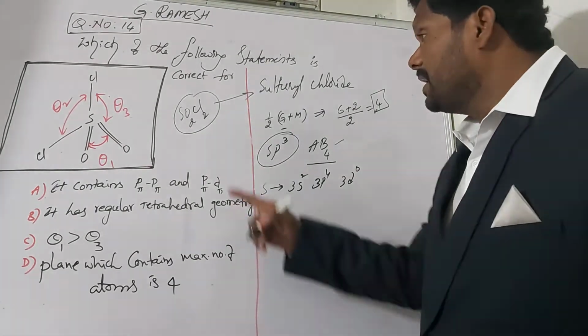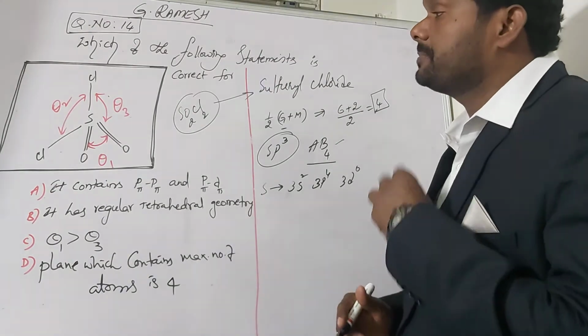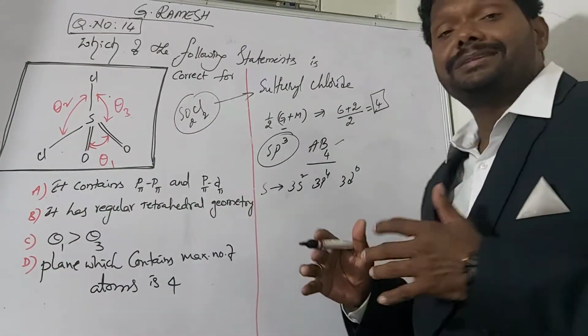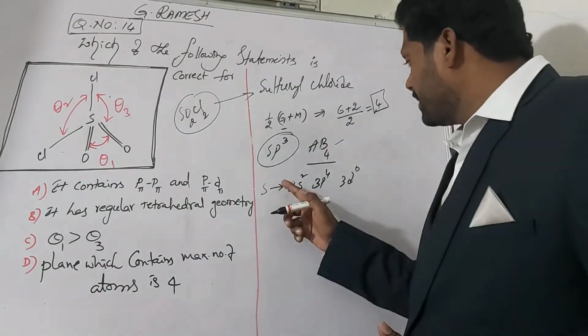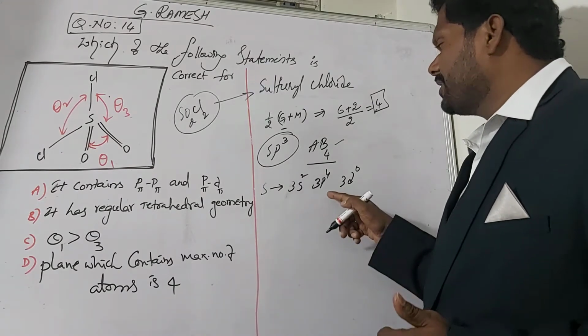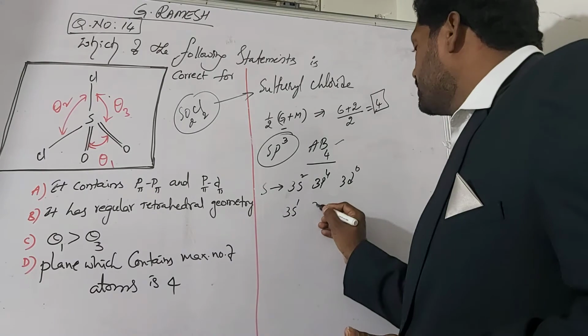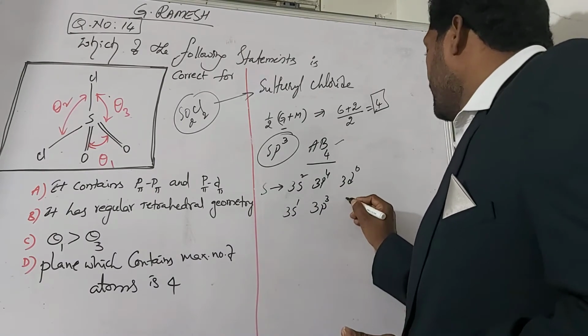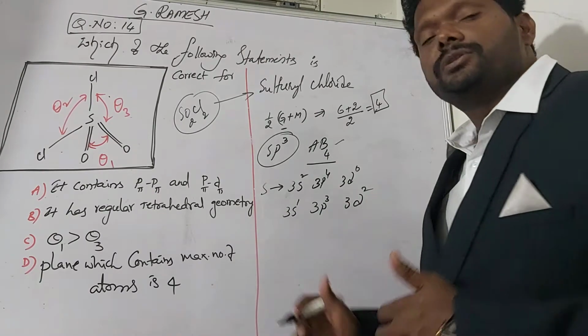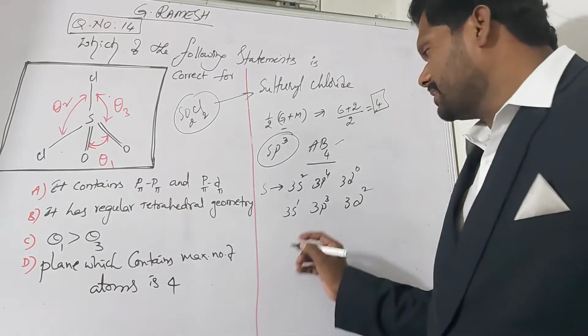However, it needs the formation of 2 pi bonds and 4 sigma bonds. So it has 6 electrons, but some are paired, so it has to be excited. So it will be 3s1, 3p3 and 3d2. This will be the final excited configuration.